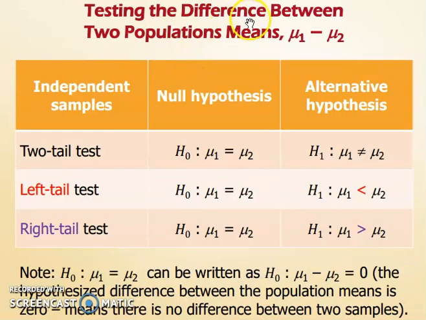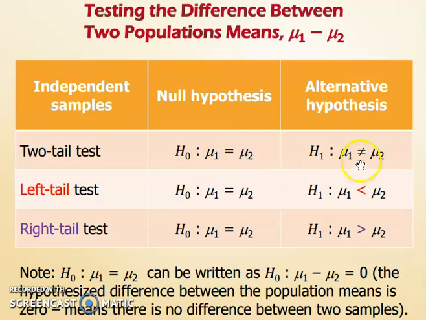When we want to test the difference between two population means, we will have mu1 and mu2, the population mean from population 1 and the population mean from population 2. For independent samples, it's going to be the same thing. We have two-tailed tests and also one-tailed tests. The way to write the null and alternative hypotheses is similar, only that we have mu1 equals mu2, meaning that the mean from population 1 equals the mean from population 2.